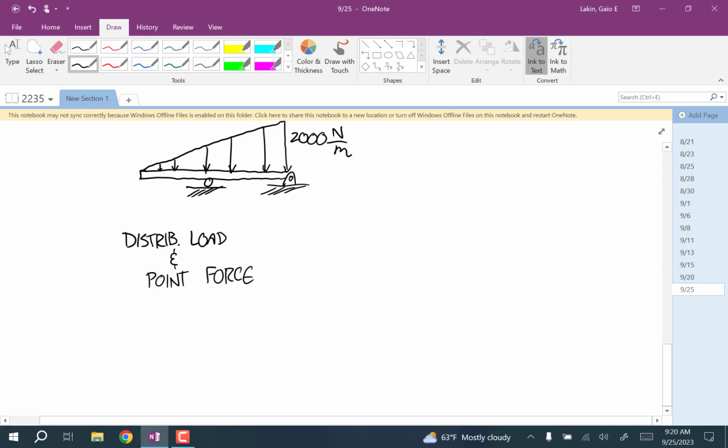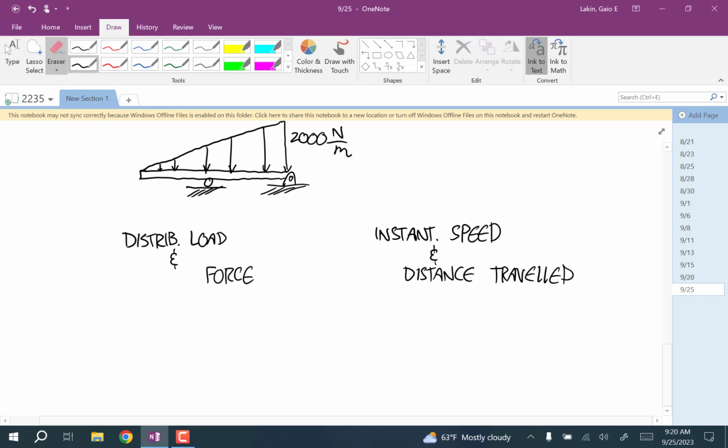The same way you think of the relationship between instantaneous speed and distance traveled. And maybe instead of point force, change this to total applied force.